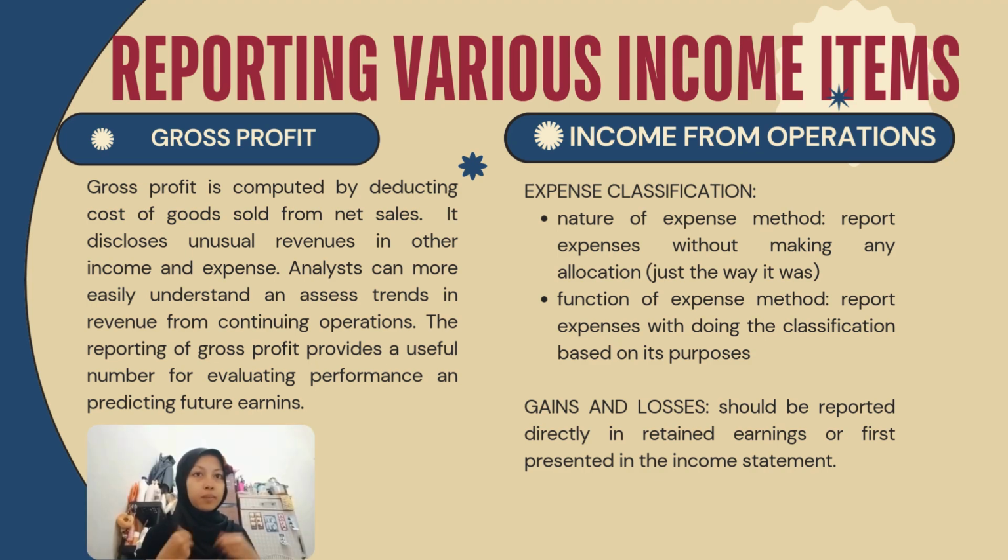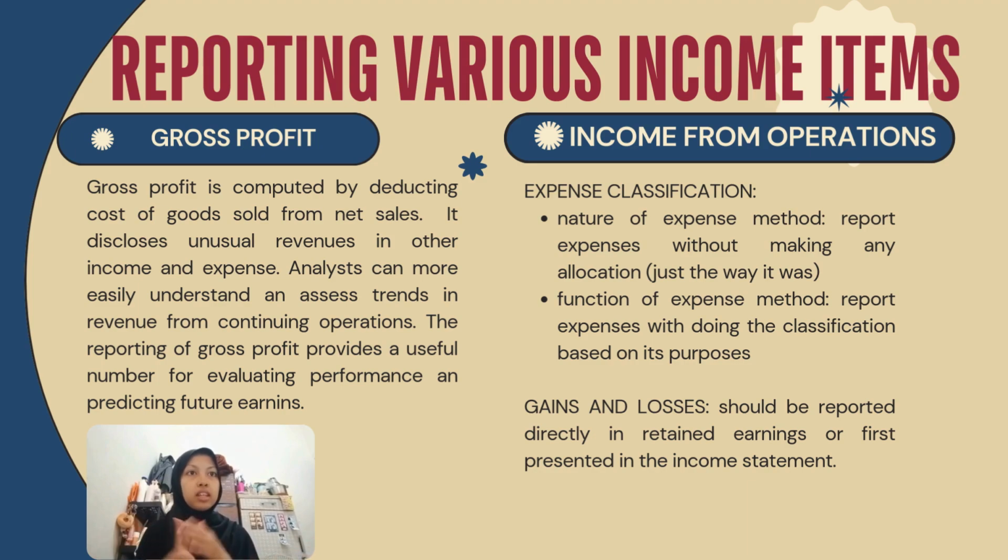Reporting various income items, there is gross profit. Gross profit is computed by deducting cost of goods sold from net sales. It discloses unusual revenue in other income and expense. Analysts can more easily understand and assess trends in revenue from continuing operations. The reporting of gross profit provides a useful number for evaluating performance and predicting future earnings.